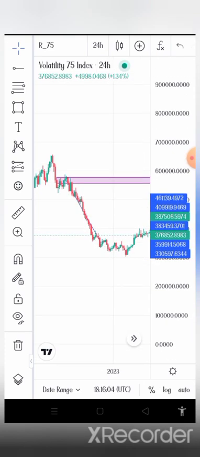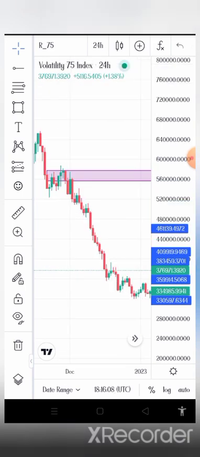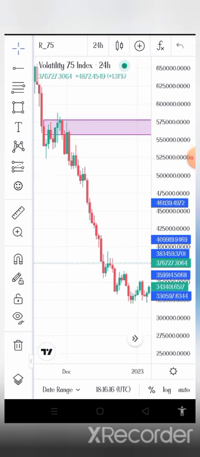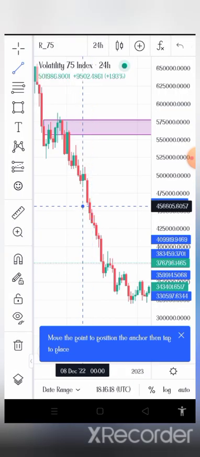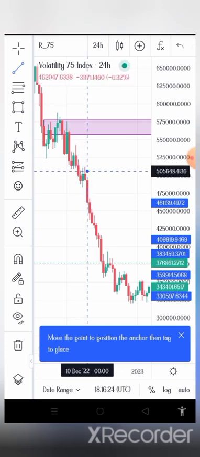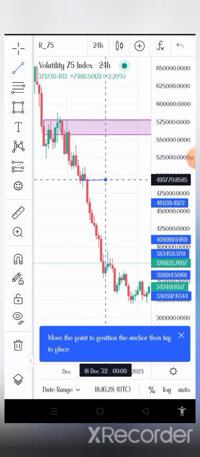I'm trying to explain expansion. I said when this move is made, expansion is made, it leaves another block and it creates imbalance. Let me show you something real quick. Now you see this first bearish candle here, it stopped here, right?